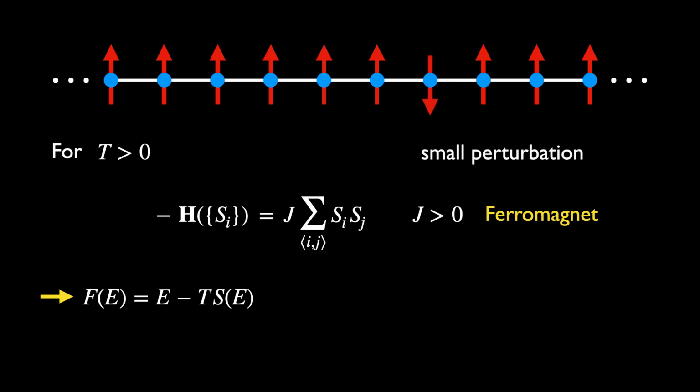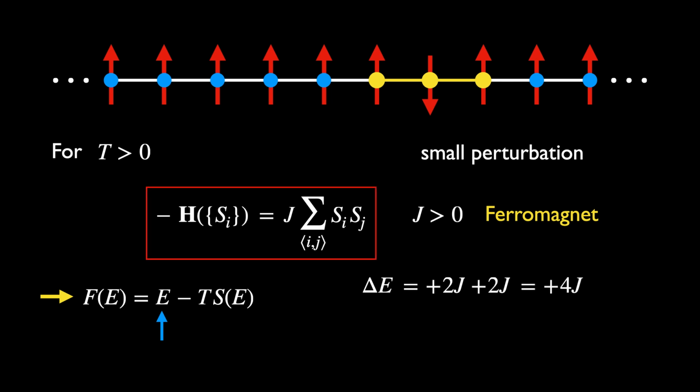Flipping one spin. What is the change in free energy? The change in E comes from flipping the sign in both the couplings attached to the spin being flipped. Each results in an increase of 2J, as can be seen from the Hamiltonian. While the change in entropy comes from the number of ways to flip one spin, which is n.